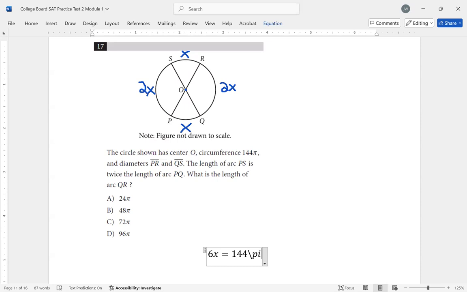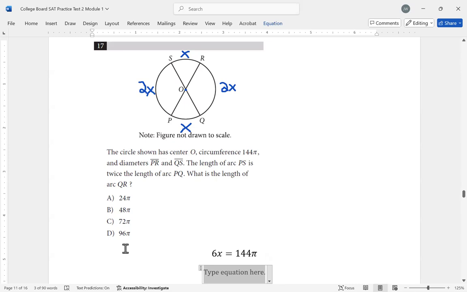Dividing by 6 on both sides, 144 divided by 6 tells me that the x value is going to be 24 times pi. Now be careful here. x equals 24 pi is not the final answer. This is asking for the length of QR. The length of QR is 2 times x.